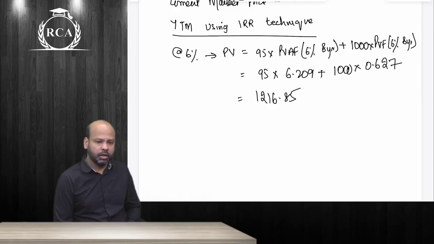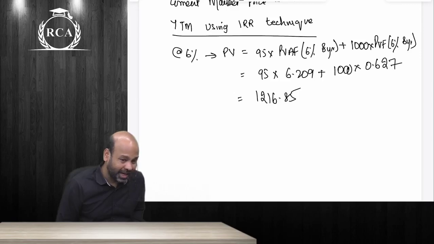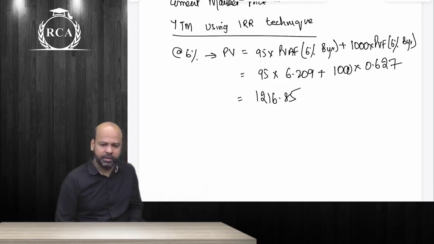Are we all done? You will also have to compute at 8%, and then do it on a proportionate basis.